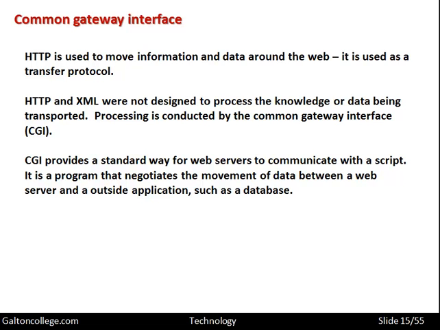Using CGI, it's formatted and it's delivered to us in an intelligible form, a form that we can use. Otherwise we just get data coming down to us. But what we want is structured data. We want data that we can understand. So CGI undertakes this task.